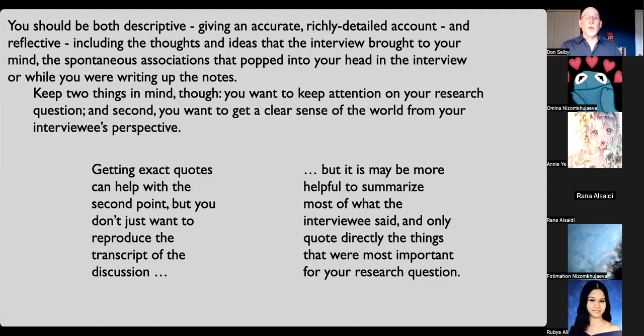The rest of it you can capture in a summary, including the way that your interviewee acted, behaved, what facial expressions your interviewee had, and so on, right? So that those things don't need that kind of precision in detail the way a quote does. And you want the quotes to stand out from the background. If everything is reproduced in a transcript, then nothing stands out because there is no background. It's all the same. So this is why I say quote the things that are most important, but summarize the rest.